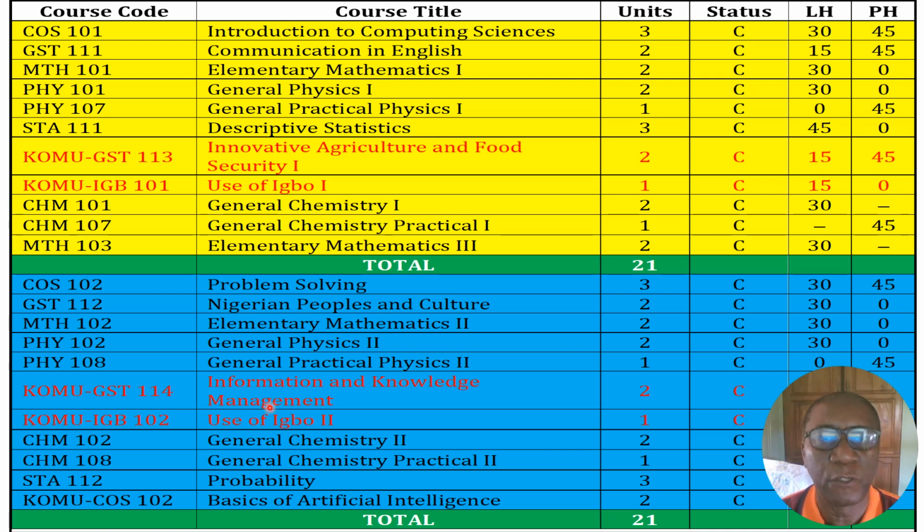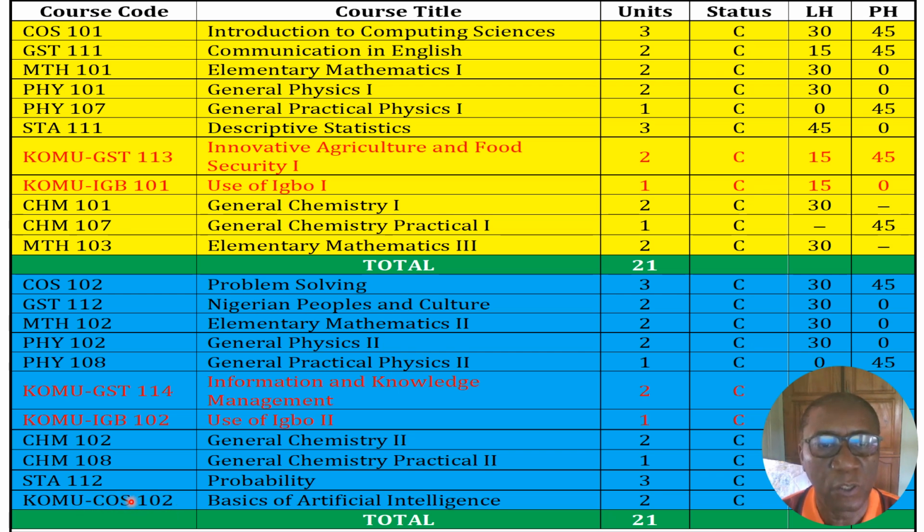And of course, they should also have some faculty-based courses. And under CCMAS, faculty-based courses from Faculty of Computing have the code COS. So for us here at KOMU, we have domesticated one course which we call KOMU COS. It's a faculty course. It's not a GST course.